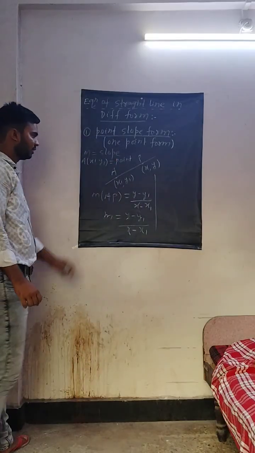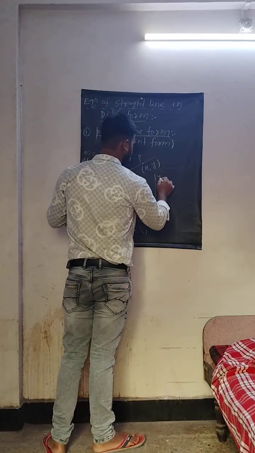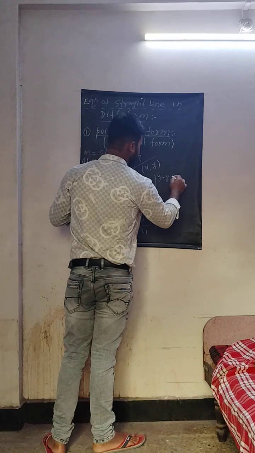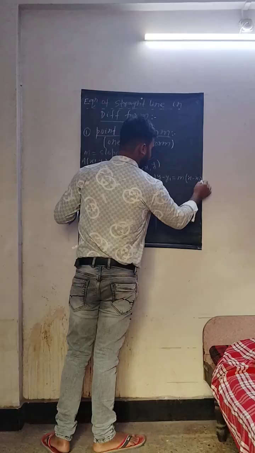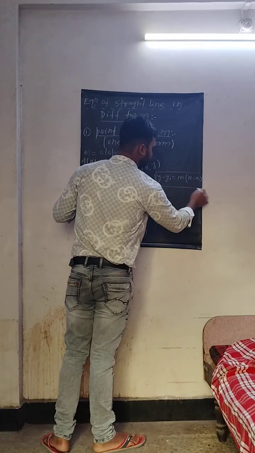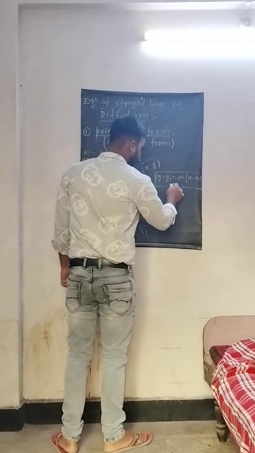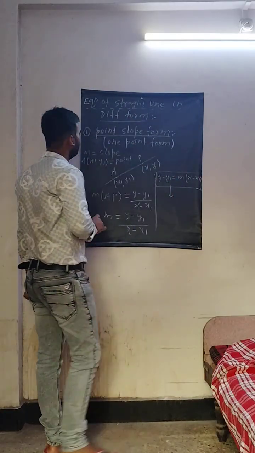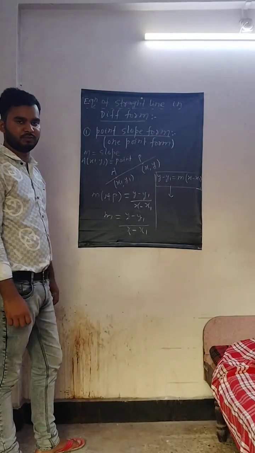I can cross multiply: y minus y1 is equal to m into (x minus x1). Here m is the slope and (x1, y1) is the point passing through the line. This form is called point slope form, or one point form.